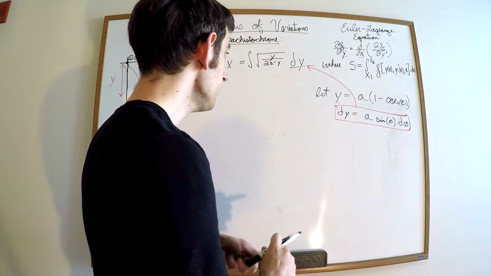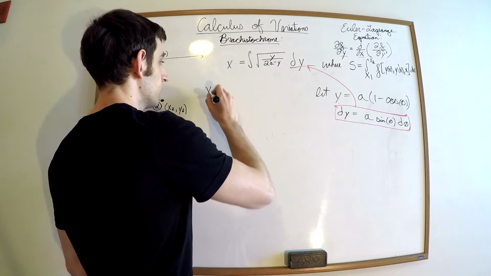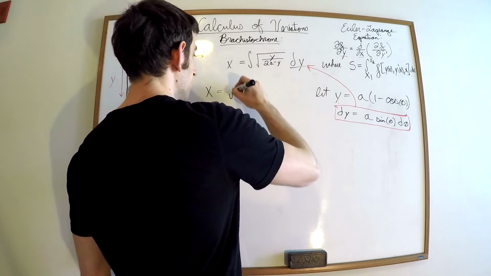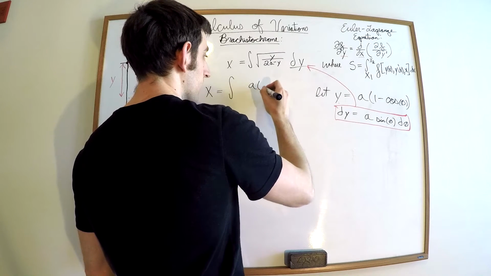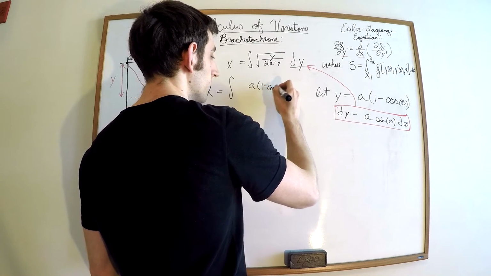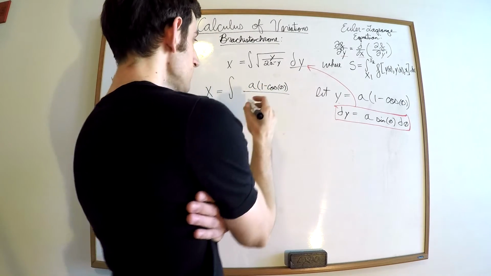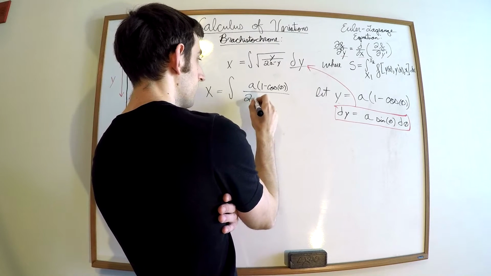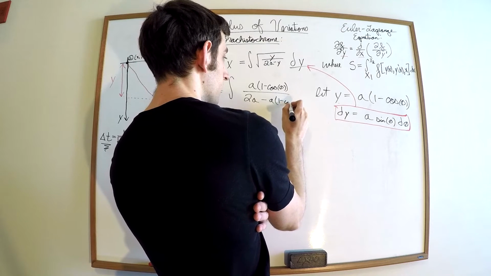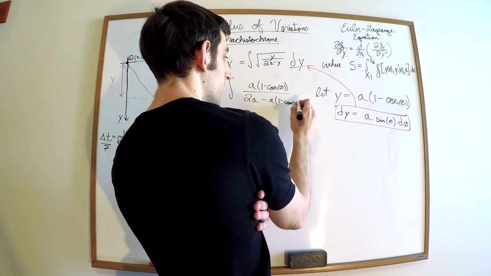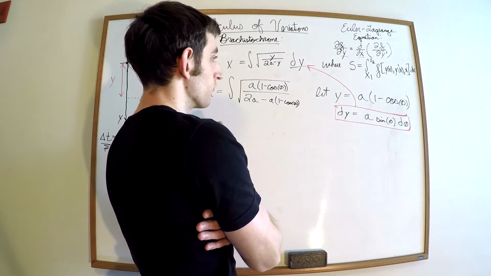So when we do this, we're going to end up with the following. We get x is equal to the integral. We'll plug in y here, so we get a times 1 minus cosine theta divided by 2a minus a times 1 minus cosine theta, and all this is under the square root.